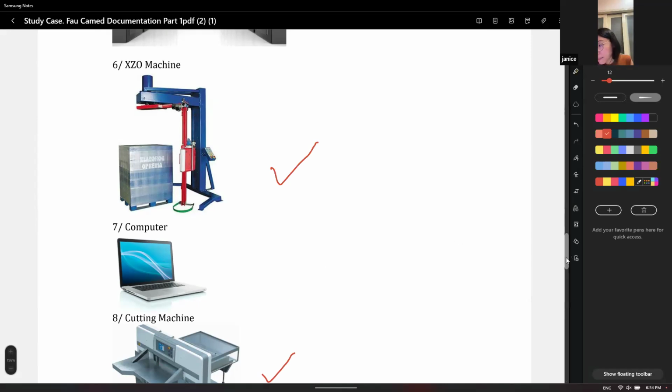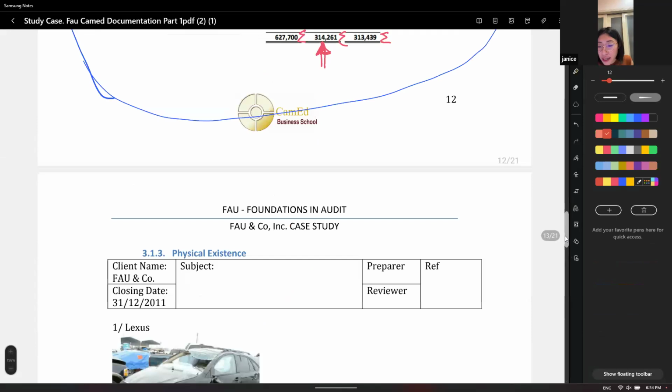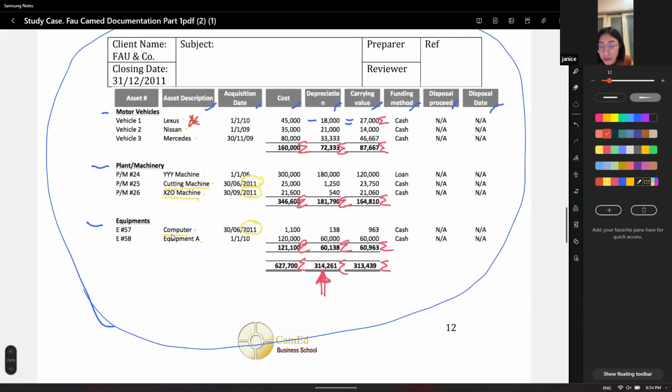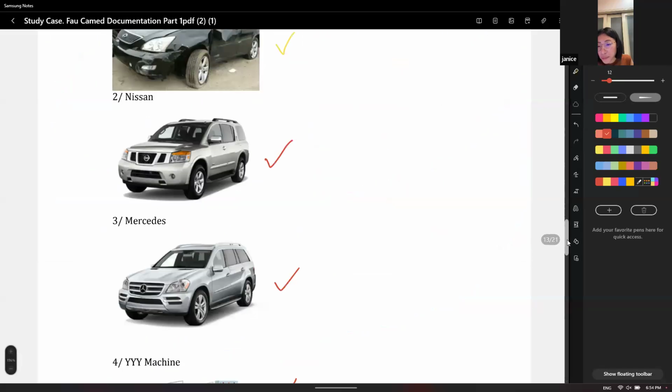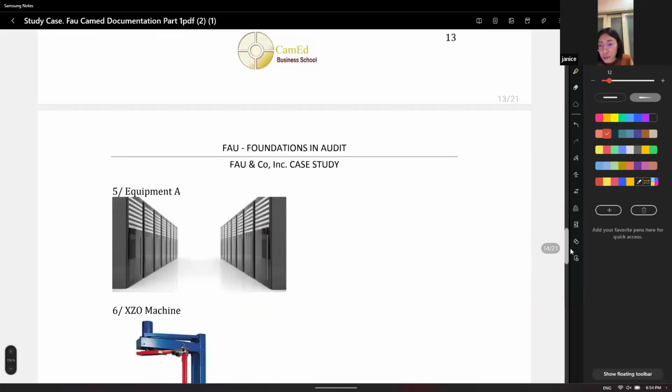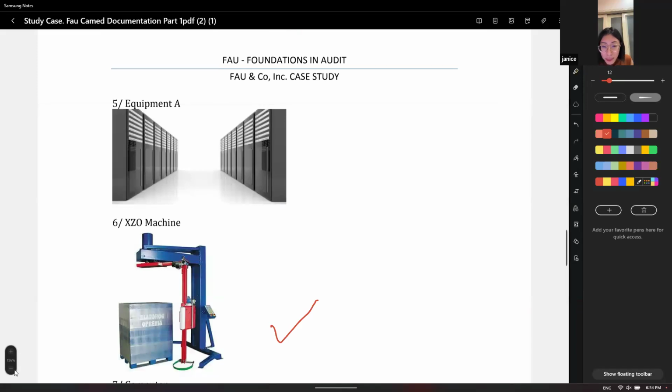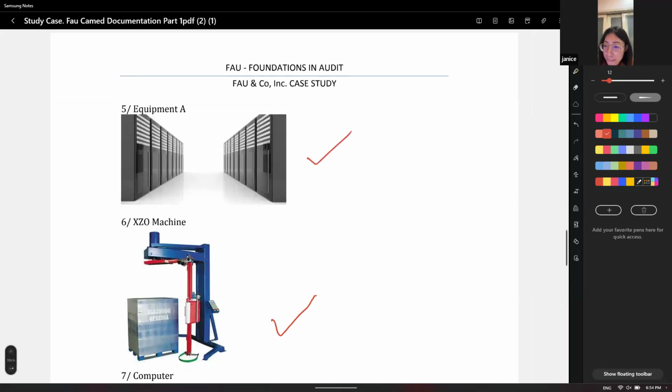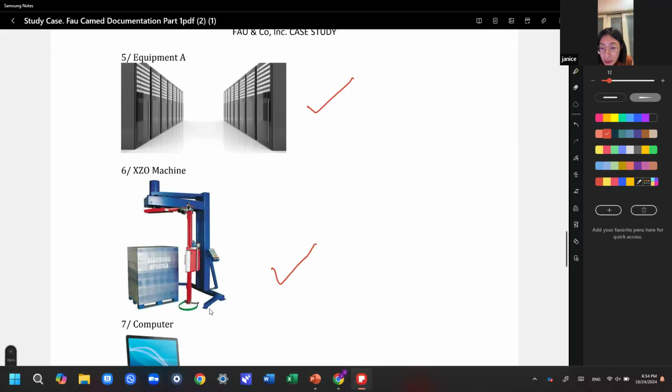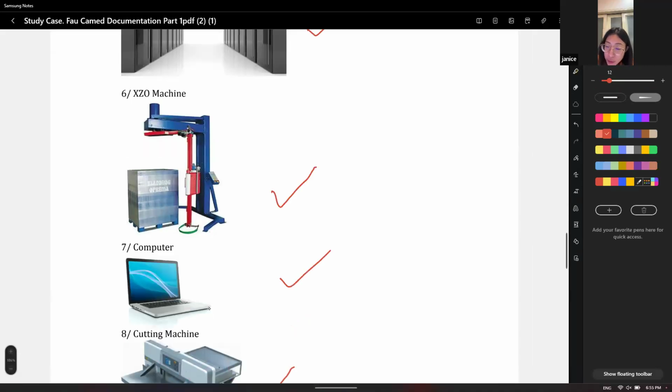All right. That's good. And then last thing, we have equipments. We have a computer and we have equipment A here. We have equipment A. And we have a computer. So very good.